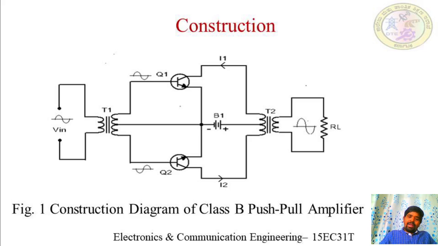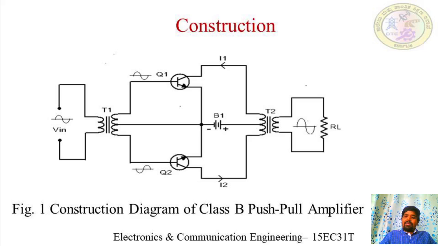So the input is applied to the primary of transformer T1, which splits the signal and applies it to the bases of the two transistors Q1 and Q2. The emitters of the two transistors are connected, and to that junction the center tap terminal and the negative terminal of the power supply are connected.